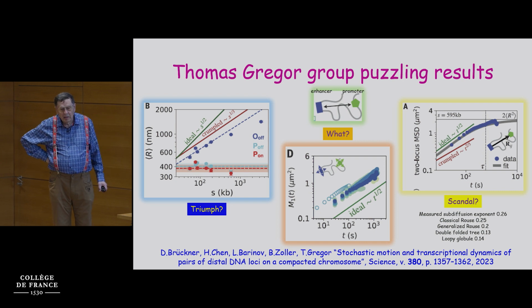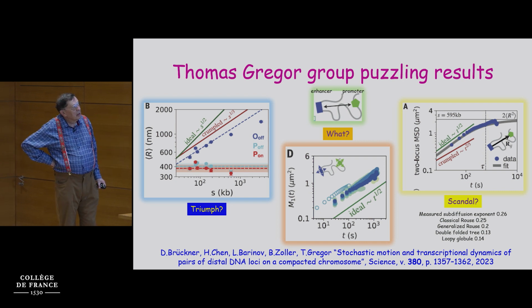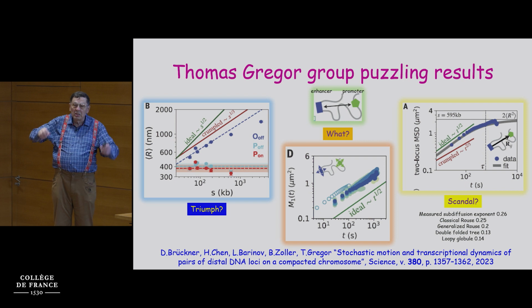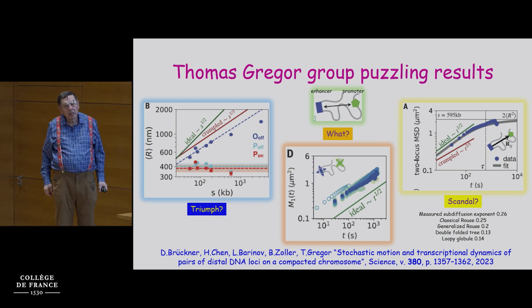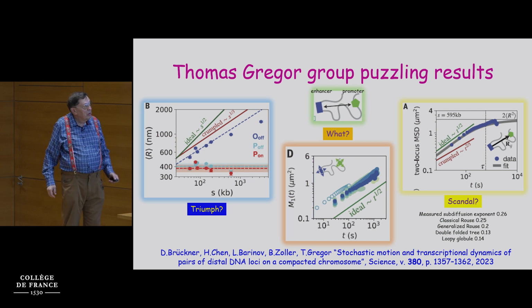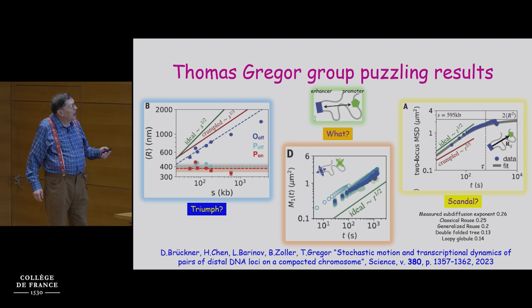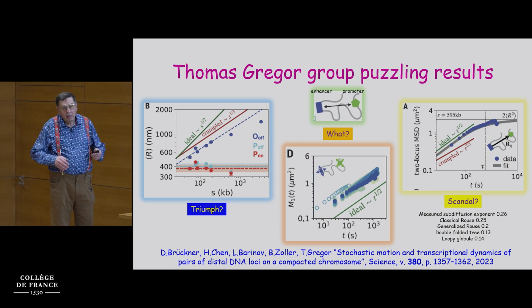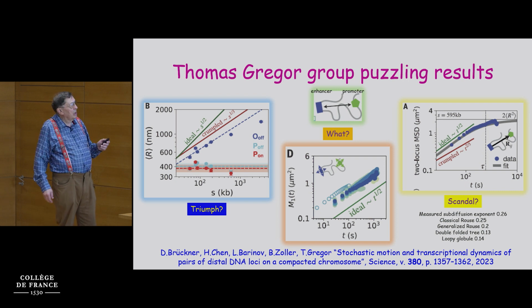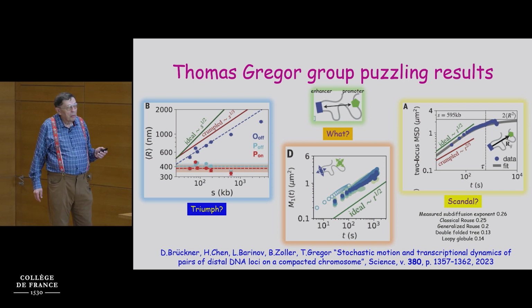They placed promoters and enhancers of particular genes in different parts of the genome, varying the genomic distance between them. This is part B of figure 1, this is part D of figure 2, this is part A of figure 3, I think. There is huge information in this article, but I collected only a few pieces.